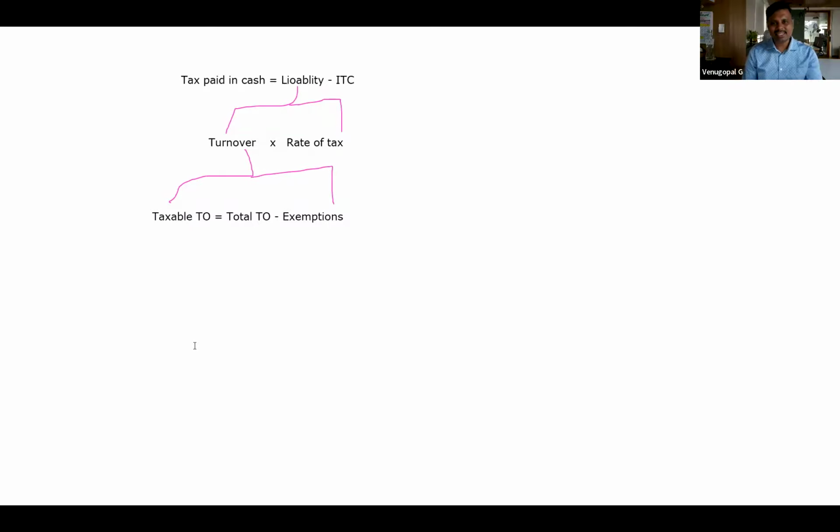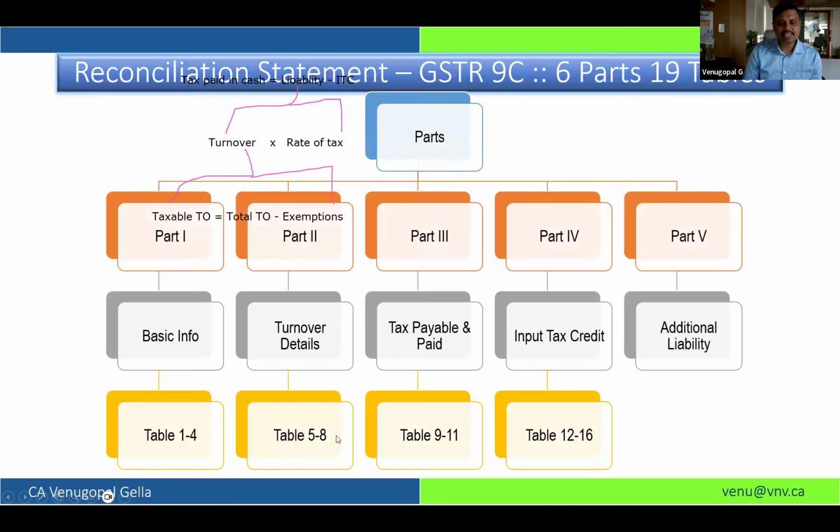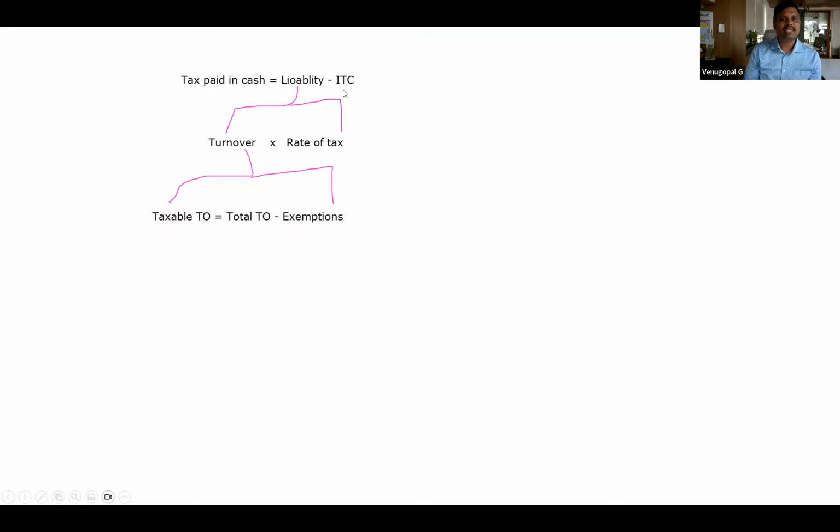And in the earlier screen, if you look at it, pay close attention to tables 5, 6, 7, 8, 9, 10, 11, 12, 13, 16. Let's understand these tables linking with the screen that we have seen.